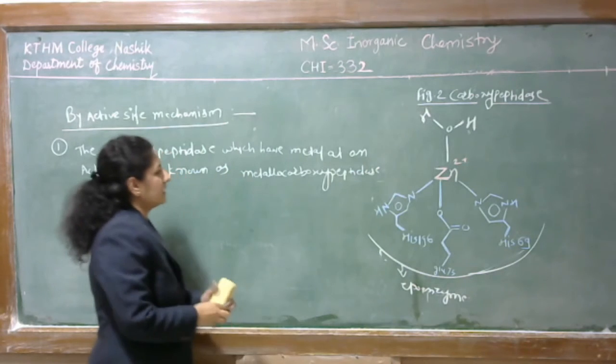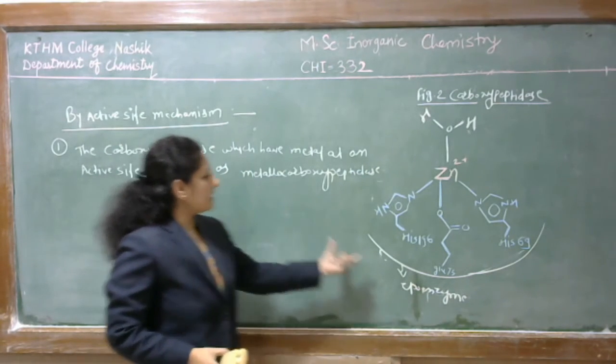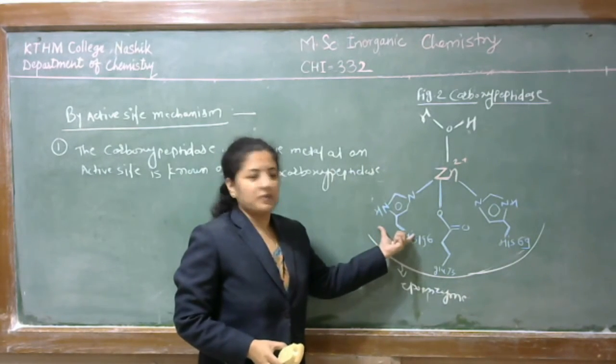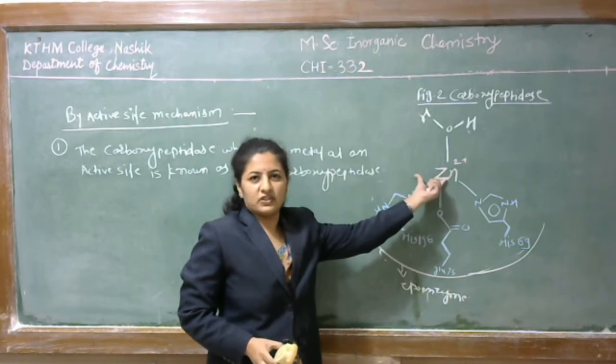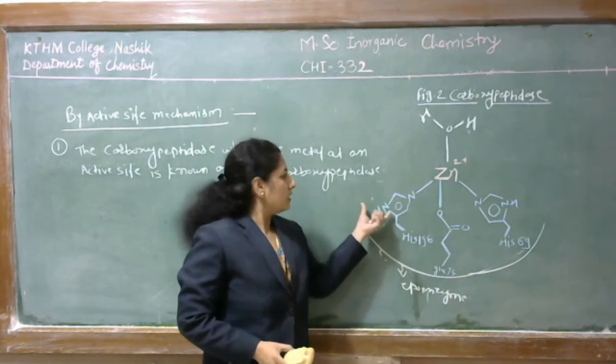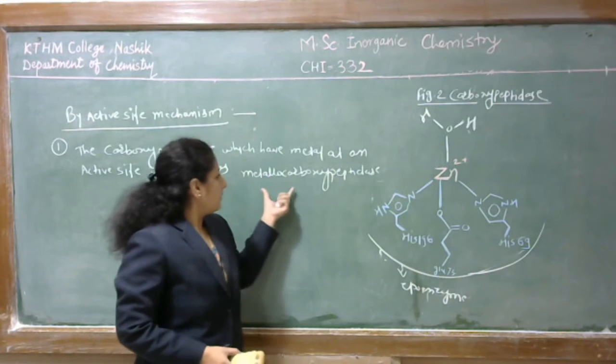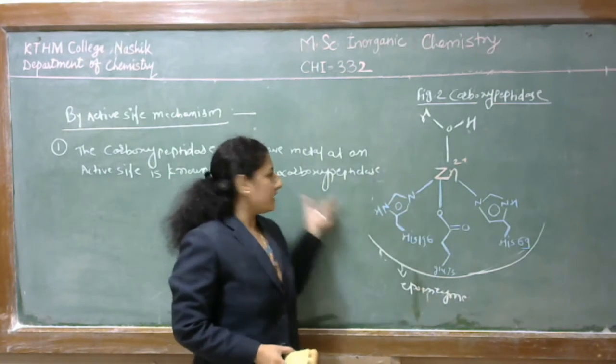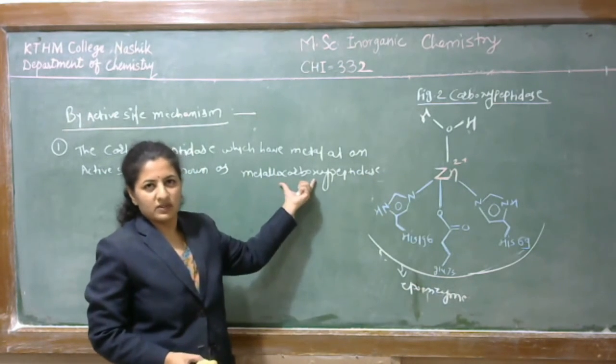And the example of this metallocarboxypeptidase is carboxypeptidase, in which zinc is the metal and is at the active site, so that's why it is an example of a metallocarboxypeptidase.